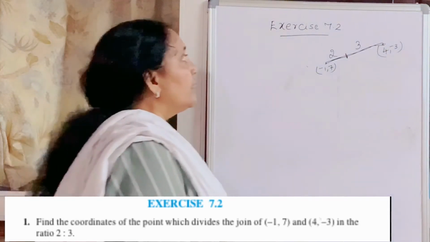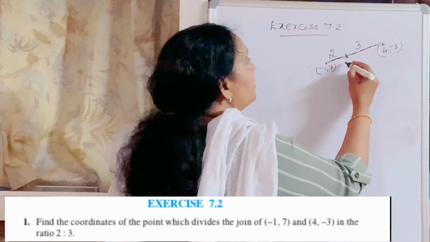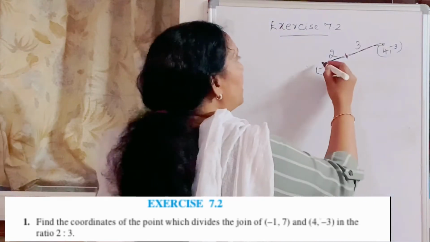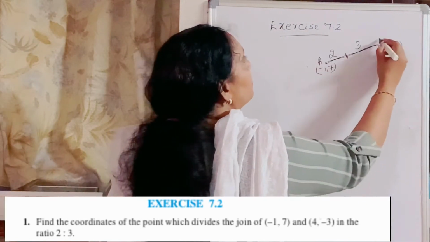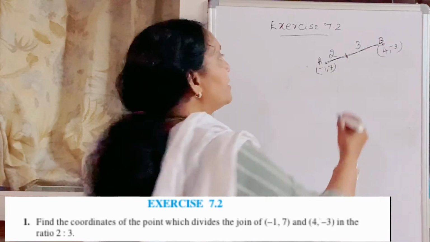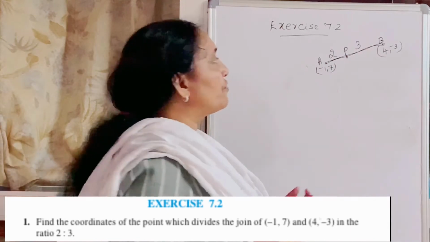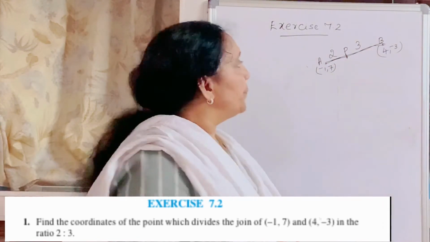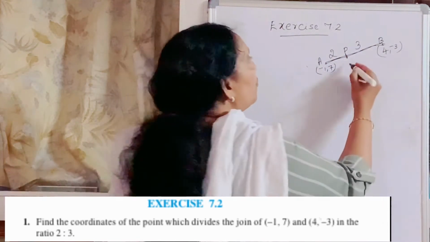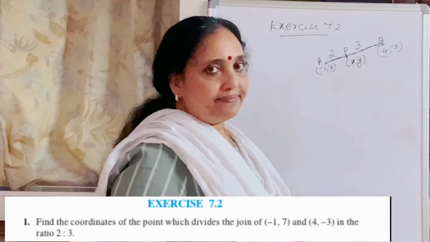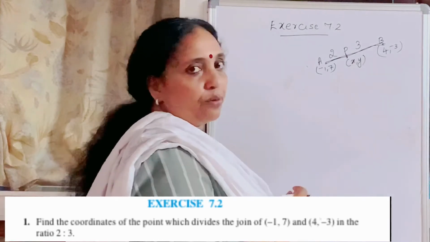So the point which divides the line segment AB, take the point as P, and the ratio of the division is also given to you. Then what is the formula?